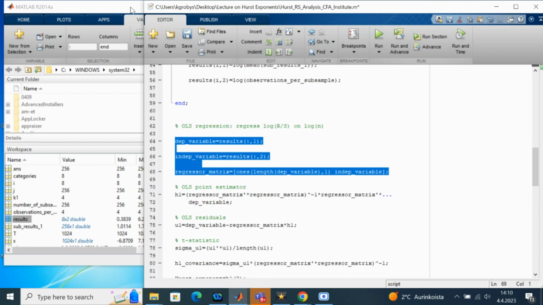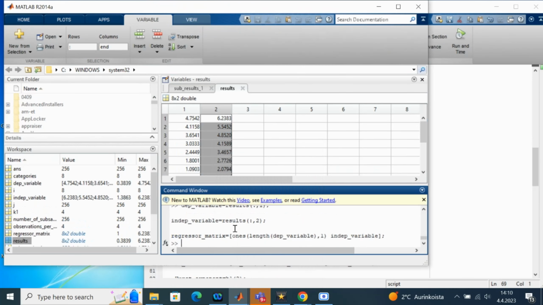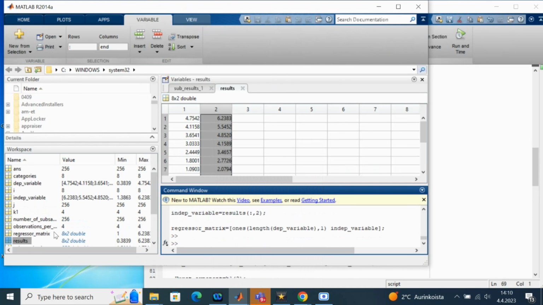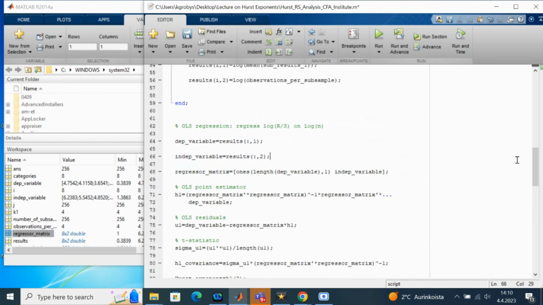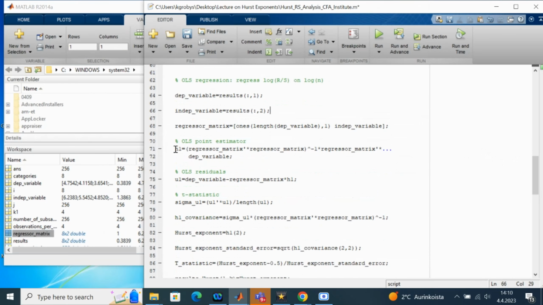Let's just copy that into Matlab. If we now check the regressor matrix, it should look like that. Very simple. What we have to do then is get the point estimator, because we want to know the Hurst exponent.